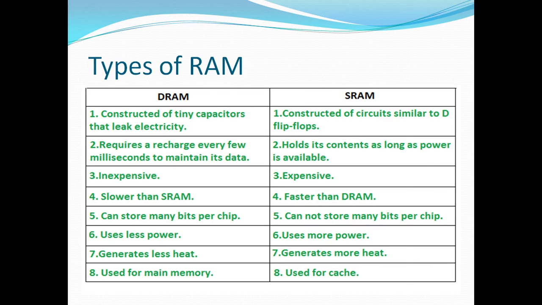Next, DRAM uses less power, so it generates less heat, whereas SRAM uses more power and generates more heat. DRAMs are used for main memory like RAM, and SRAMs are used for cache.